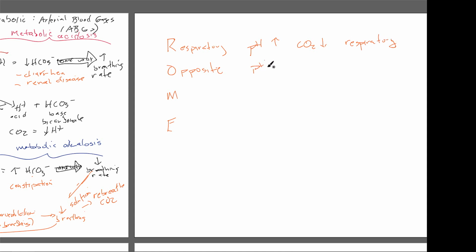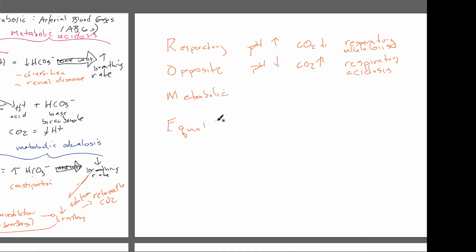Or if pH is low and CO2 is high, then again it's respiratory. But here, up here, it would be respiratory alkalosis. And down here it will be respiratory acidosis.